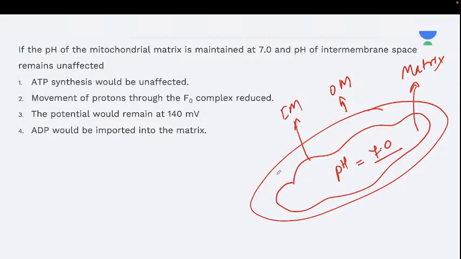What will be seen over here? Movement of protons through the F0 complex is reduced. Yes, this is the correct answer, because if at all there will be pH 7.0 over here, so this is a neutral pH, wasn't it?